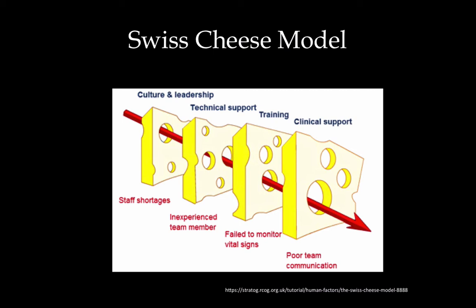So you need to fix different layers of the system in order to prevent errors, and you also need to make sure that each layer in the system is made robust enough and error proof enough so that errors never happen. So that is the Swiss cheese model.